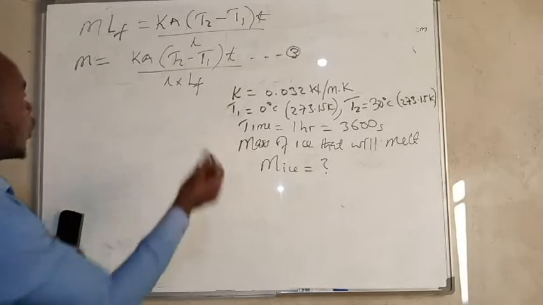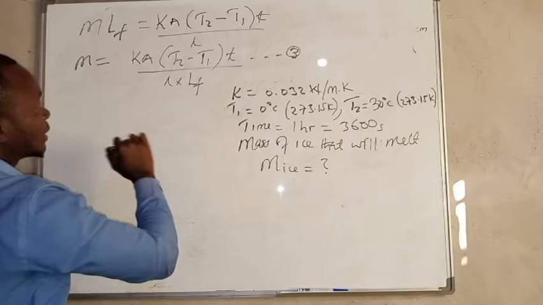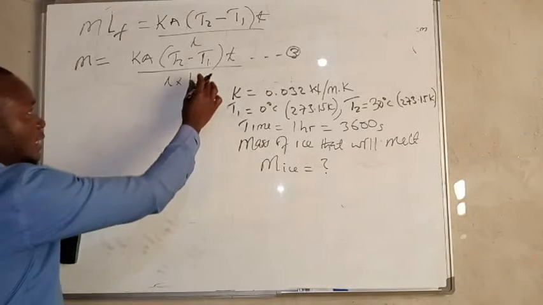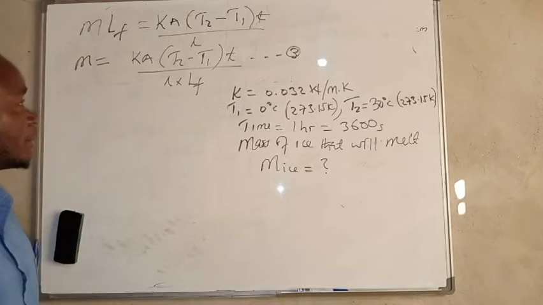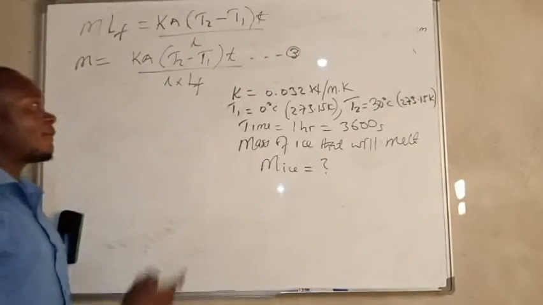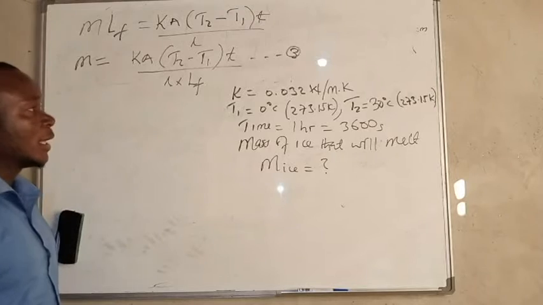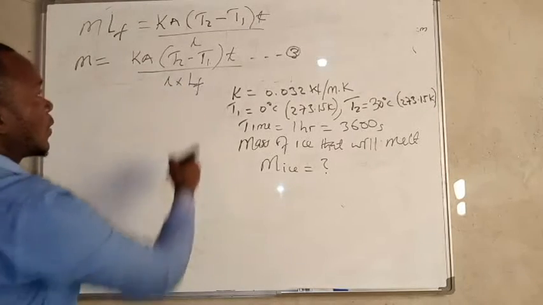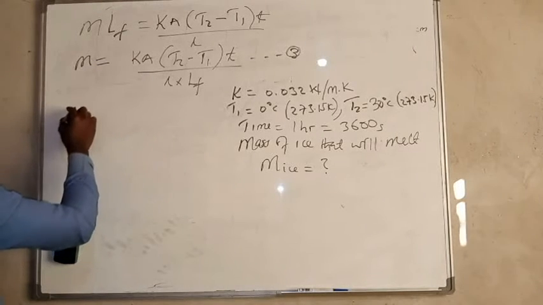We have T2, T1, and the thickness, and the latent heat of fusion is a known value, 3.33 times 10 to the power 5. So what we need now is the area.